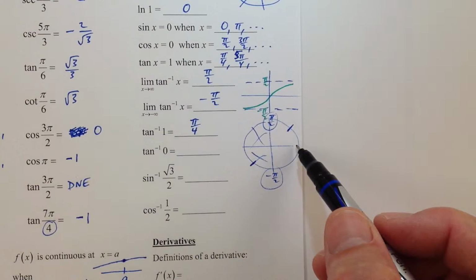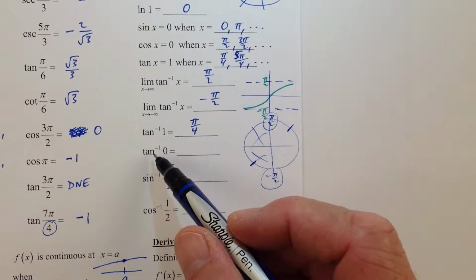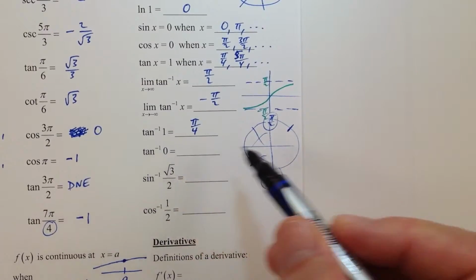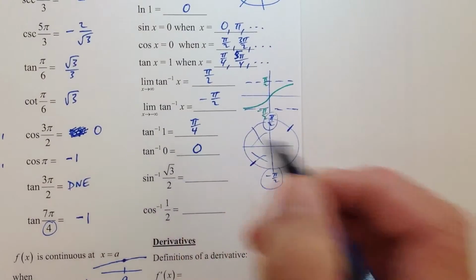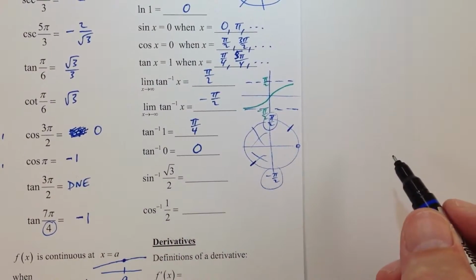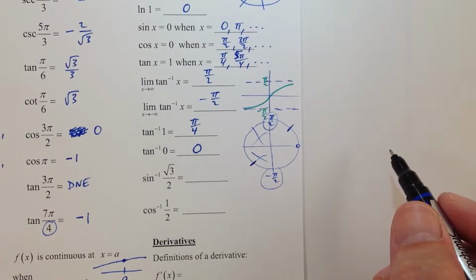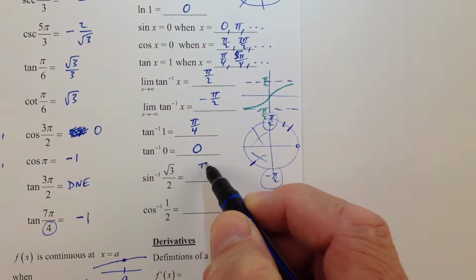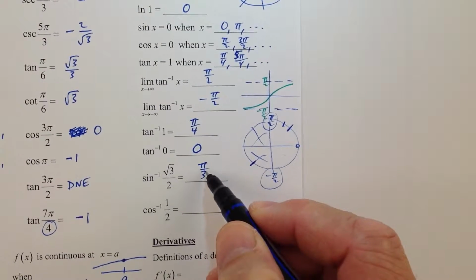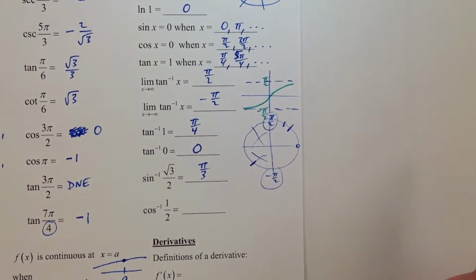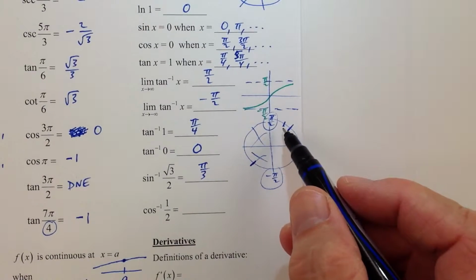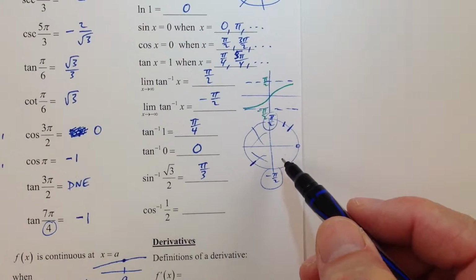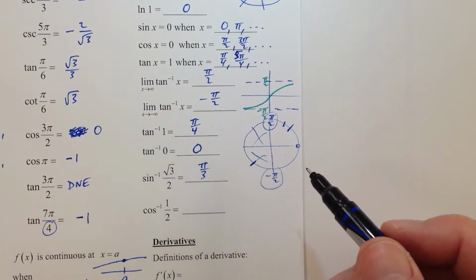Inverse tangent of 0, well, tangent of 0 is 0, and that's within the range of that function. Inverse sine of radical 3 over 2, well, that's up here at pi over 3, because the sine of pi over 3 is radical 3 over 2, and the range of the inverse tangent is the same as the range of the inverse sine.